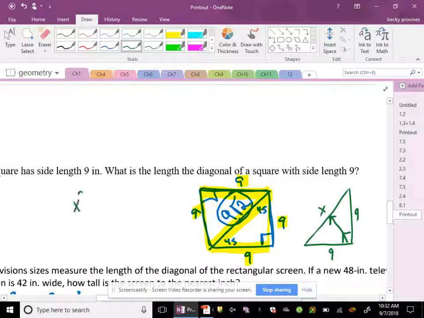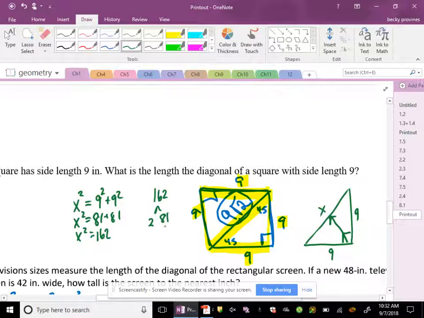So the hypotenuse is by itself, 9 squared and 9 squared, which is 81 and 81. So that is 162. Okay, so again, I don't have my fancy calculator with me.